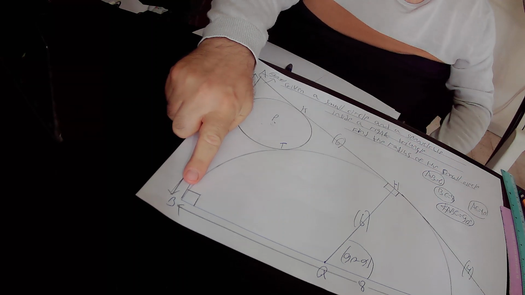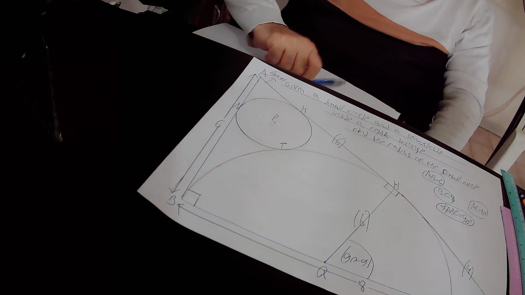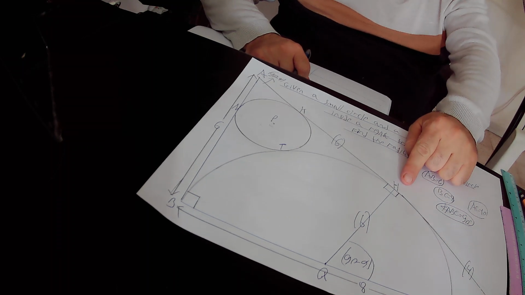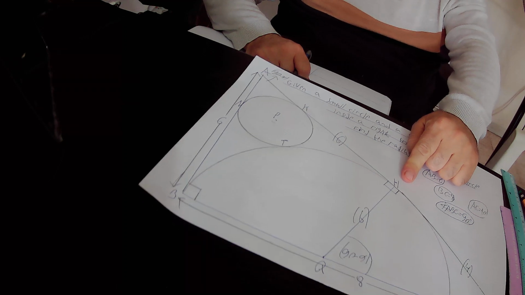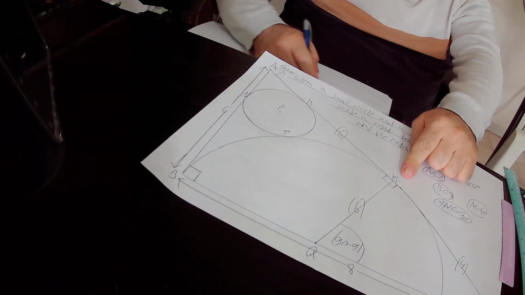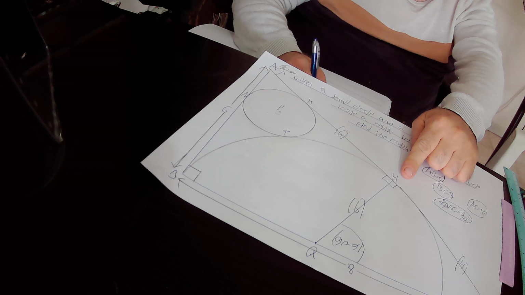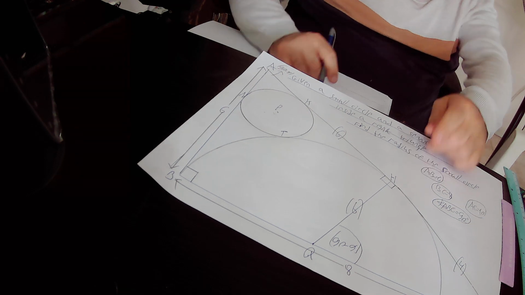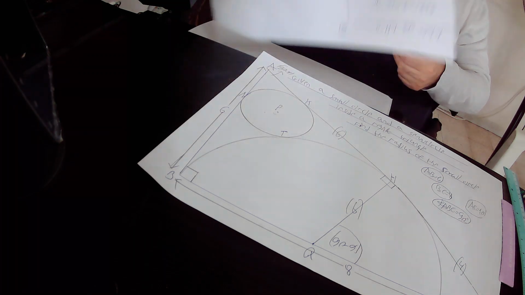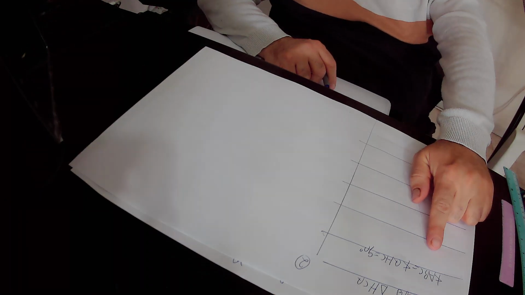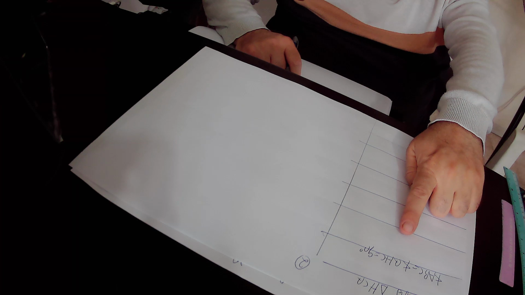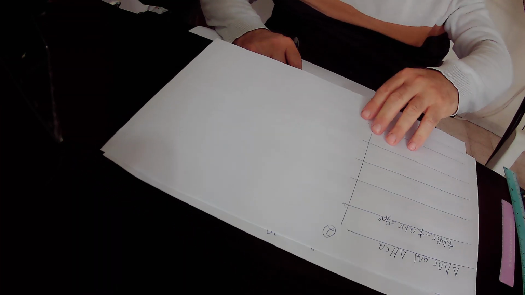So actually this is angle ABC in the big right triangle ABC, and it is equal to this angle, which is angle QHC in the small right triangle HCQ. Angle ABC equals angle QHC. They are both equal to 90 degrees, therefore they are equal to each other.